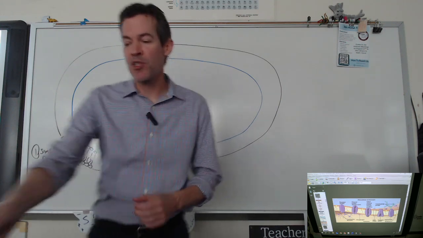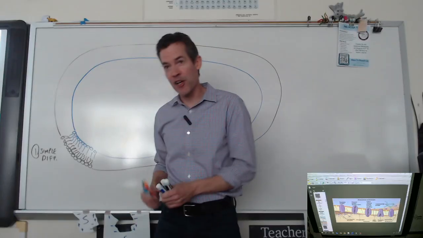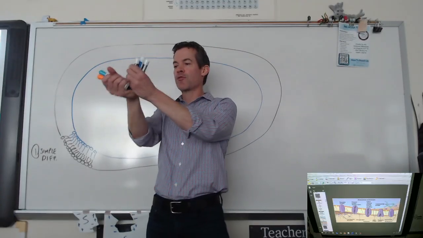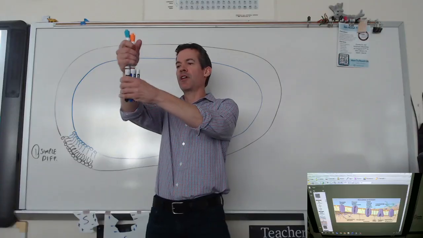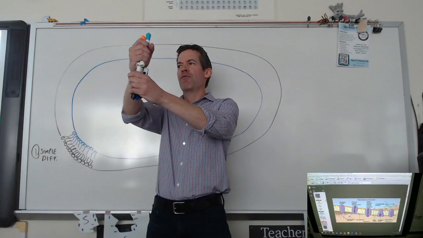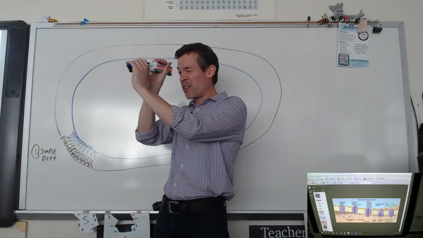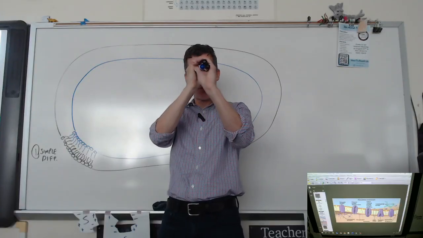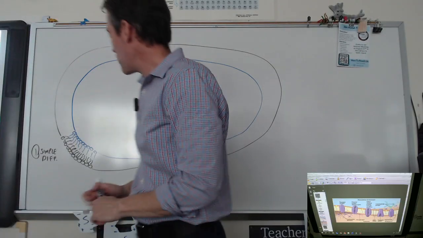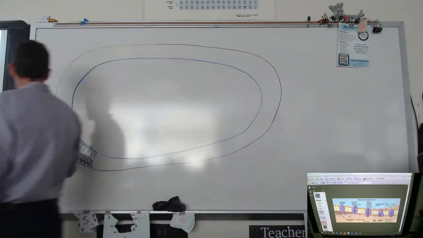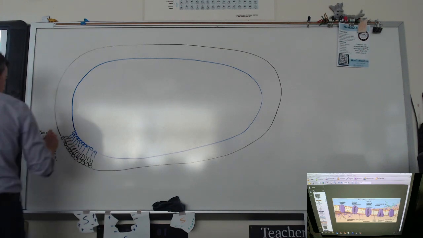So since the phospholipids are always moving, back to this, here's my phospholipid bilayer. They're always just shuffling around. Hang on. There we go. Then from the side, aren't there occasionally little gaps where I could maybe see y'all through one of these gaps? So if something is small enough, it might get through.